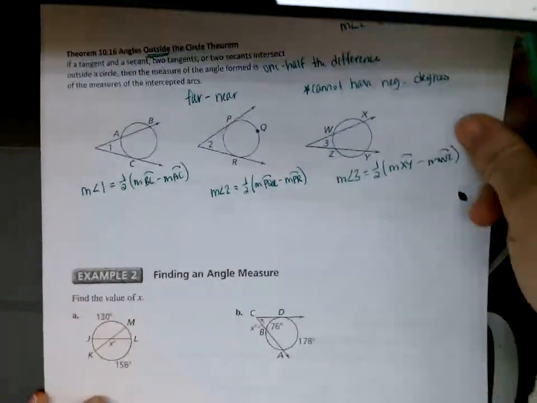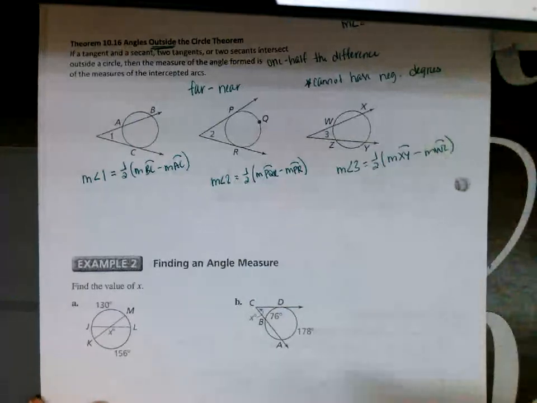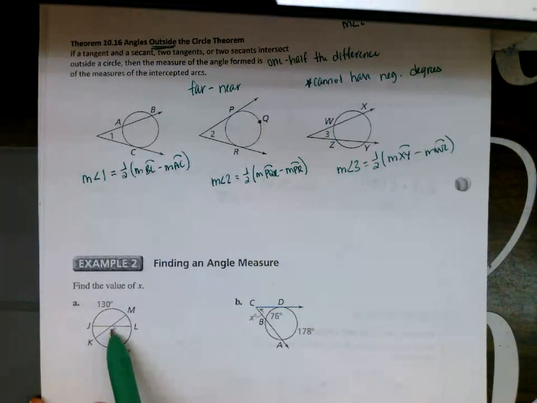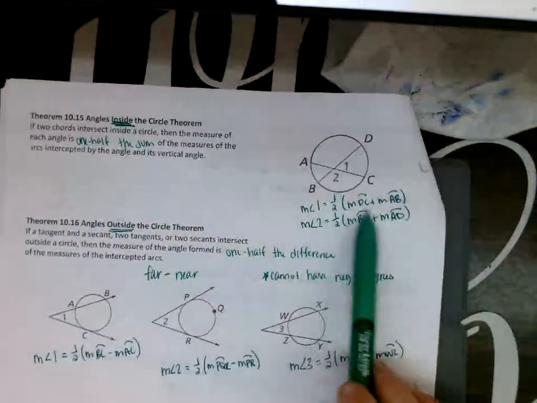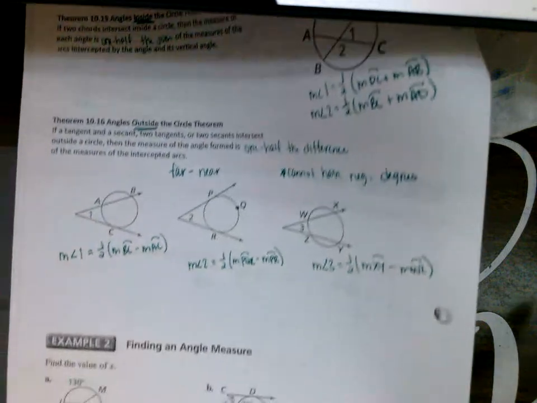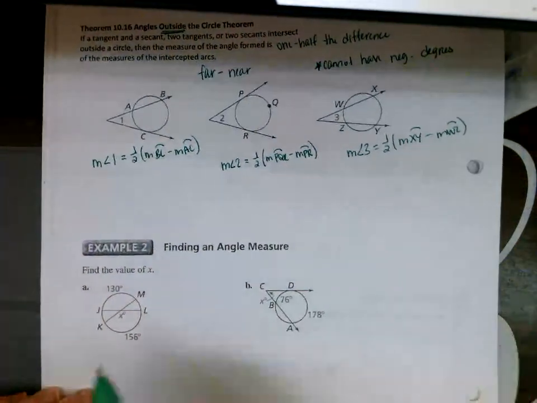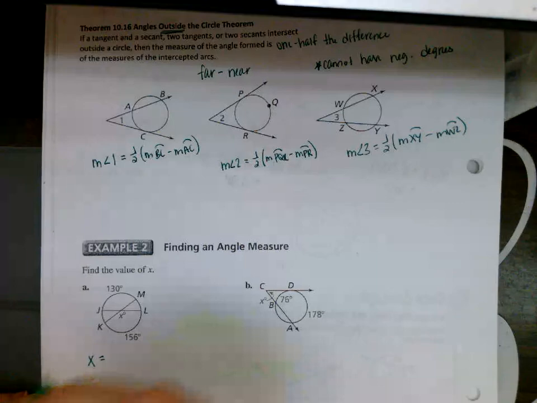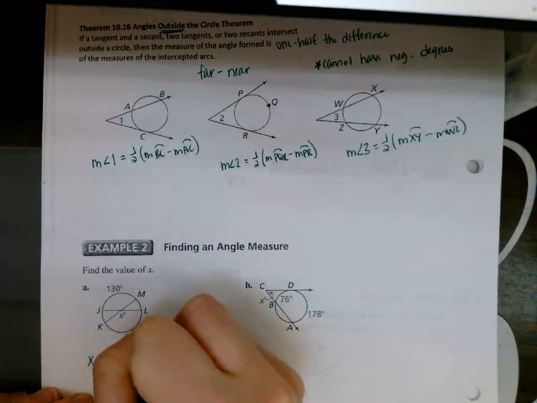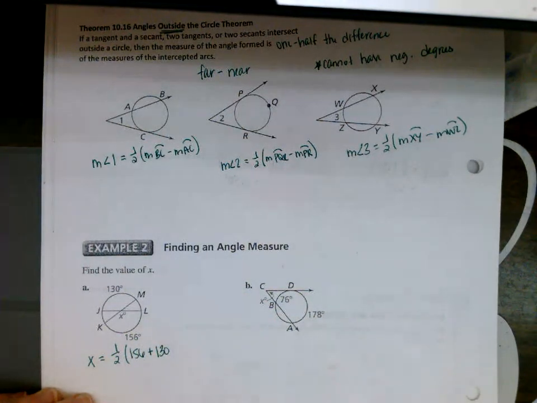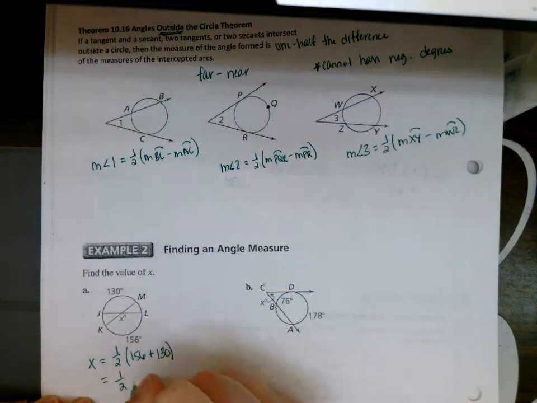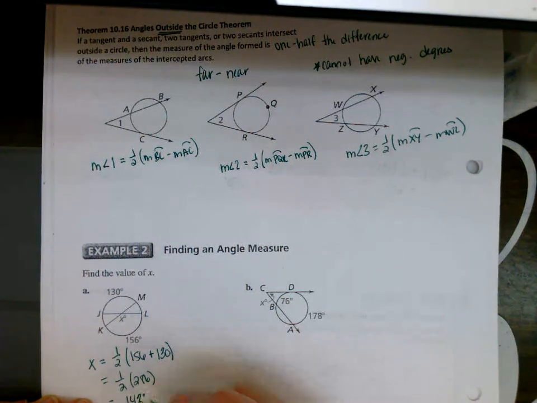All right, so example 2 says find the value of x. So I see that these are intersecting on the inside. Okay, so it's like the example up here. So we want its arc and its vertical angle's arc. So x is equal to 1/2 of 156 plus 130, so 1/2 of 286, which would be 143 degrees.